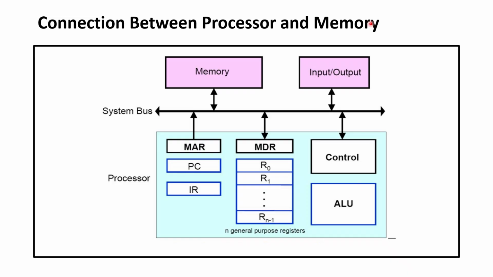General purpose registers are used for holding data and intermediate results of operations. They are also known as scratch pad registers. All these components work together through the system bus to move instructions and data between memory, input-output devices, and the processor, enabling the execution of the programs.